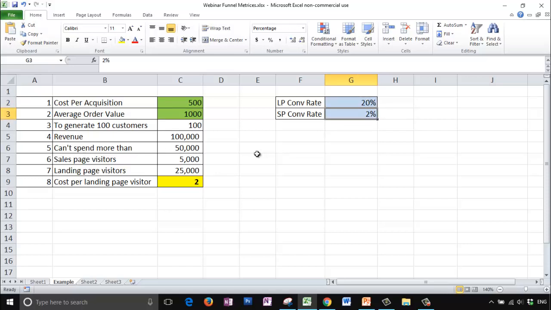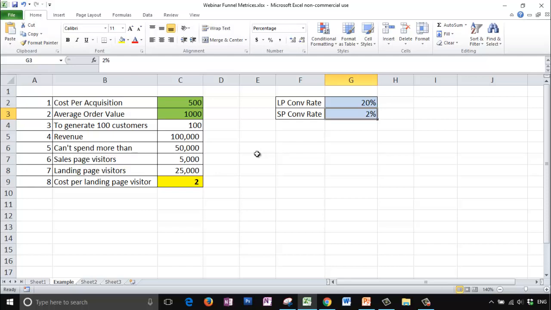And then after they have been nurtured, after the entire nurturing has happened, when they come to your sales page to buy, you should assume that the sales page conversion will be between 1 and 3%. These may look like depressingly low numbers, but remember that the internet game is a game of very large numbers. And for most categories, a good sales page will convert between 1 and 3%.